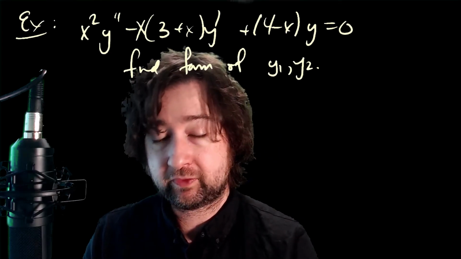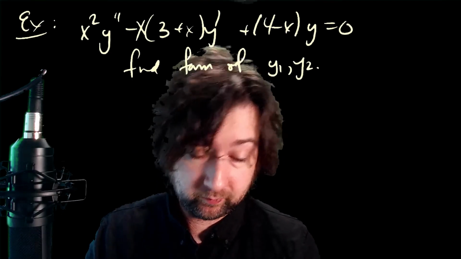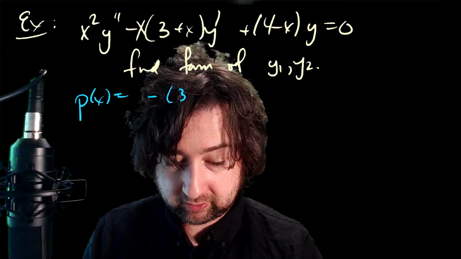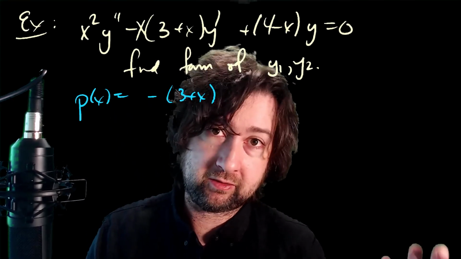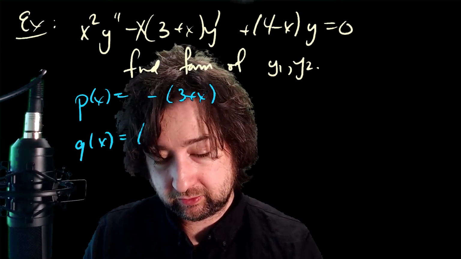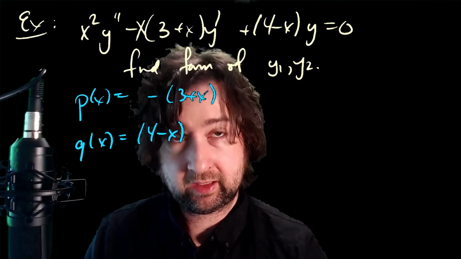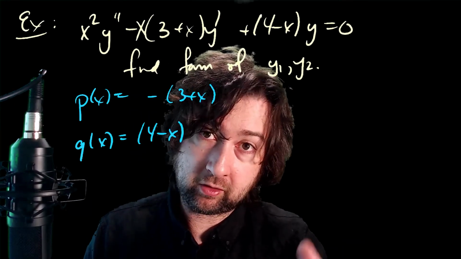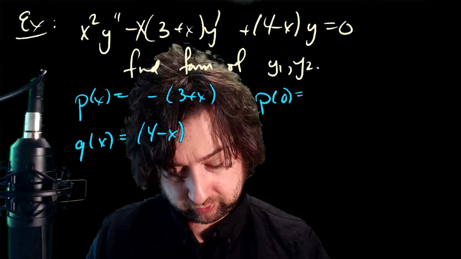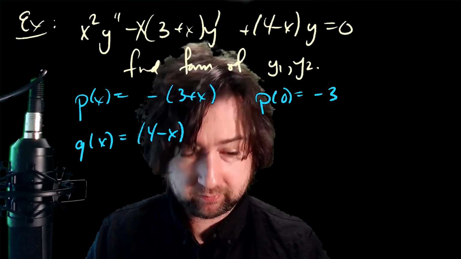So in order to solve this, I just need to figure out what p and q are. P of x is equal to minus (3 plus x). Well, that's analytic. That's great. Of course, I already knew that. And q of x is equal to 4 minus x. And I need p naught and q naught so I can find r1 and r2. P of 0 is equal to negative 3.